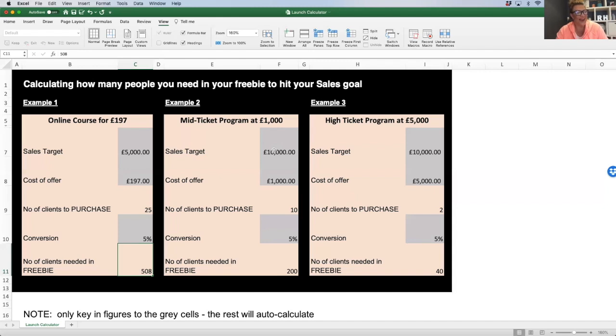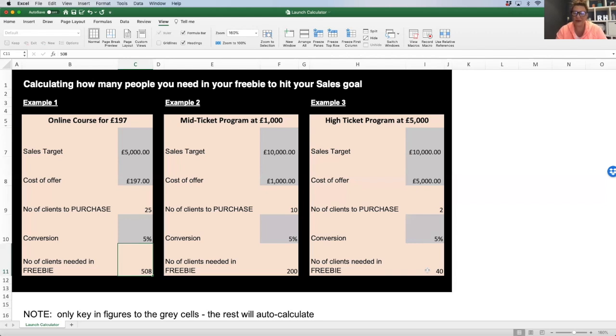Yeah. And finally, when you look at the high ticket, you'll wonder why everything that you sell isn't high ticket, because the numbers look very, very different. Again, we've got a £10,000 target, only this time our offer is £5,000, which means we only need to sell 2 of them. And at a conversion of 5% means that we need 40 people in our freebie.